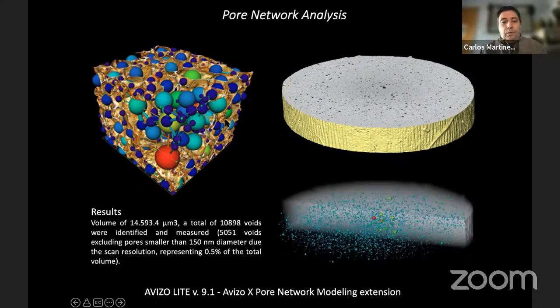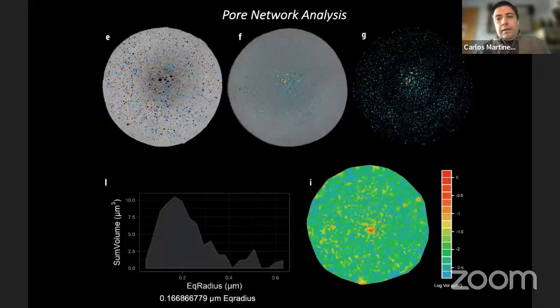Doing that, we measured a small volume of the cusp, giving us as a proxy that 0.5% of the volume was represented by these pores. And we have thousands of them in just a very small volume. But the interesting thing is that, for the first time, we could see how this porosity was distributed three-dimensionally in the tissue.